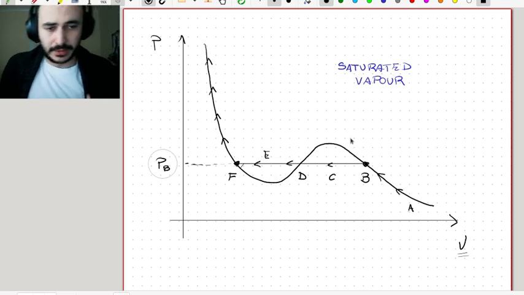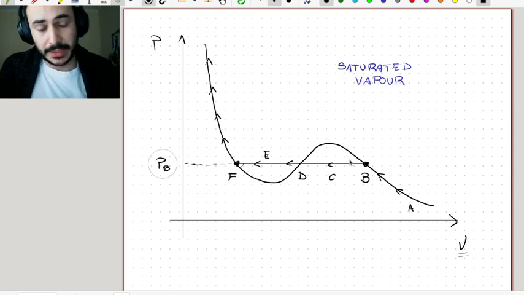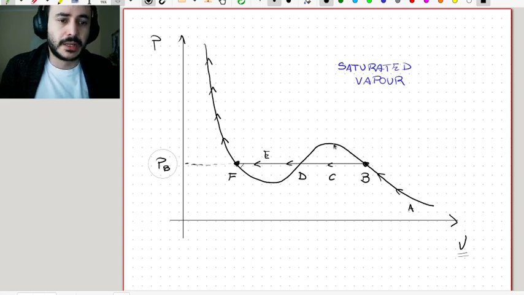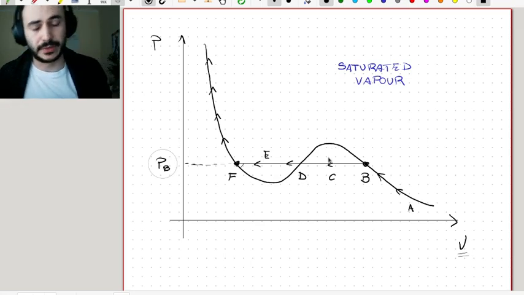So these are states that can be realized, but they are very unstable. So if you manage to get your gas compressed very carefully in such a way that it will visit these states up here, any perturbation is going to make it fall into this heterogeneous situation in which you have a liquid phase and a gas phase.